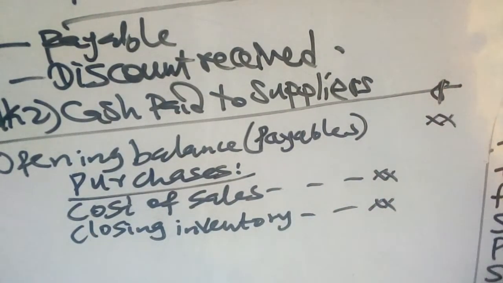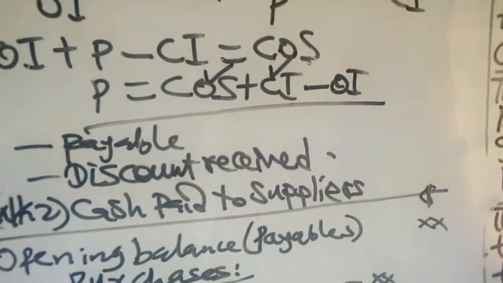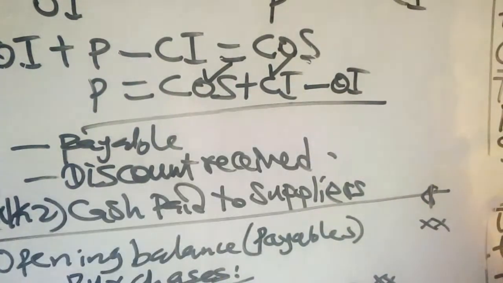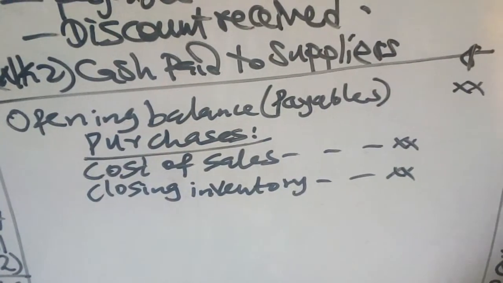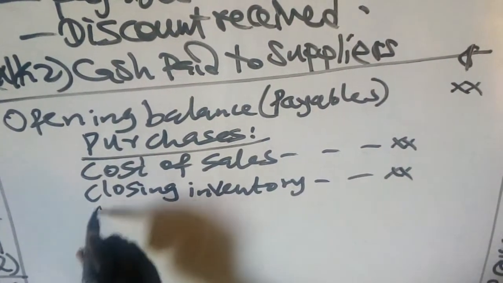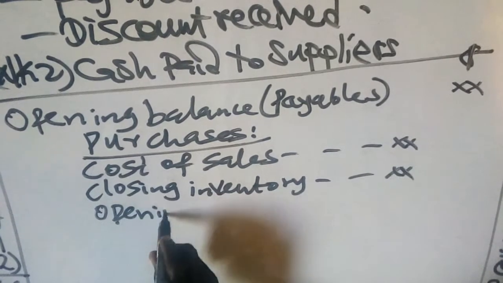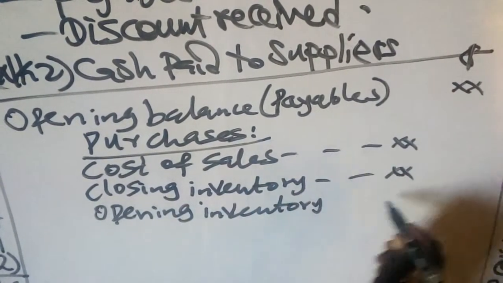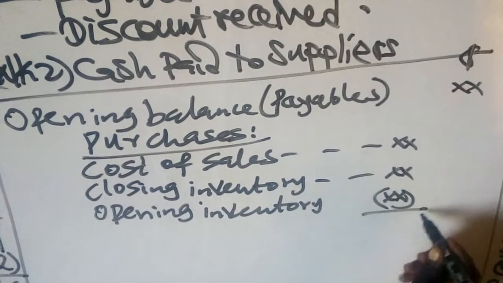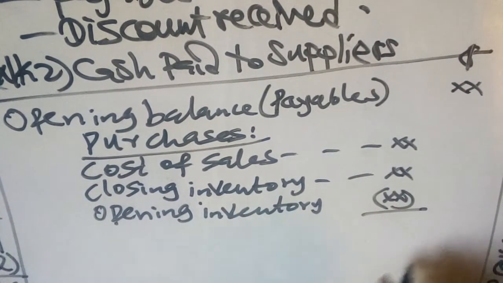Then after adding the closing inventory, you less the opening inventory. After this adjustment, then you arrive at your purchases.